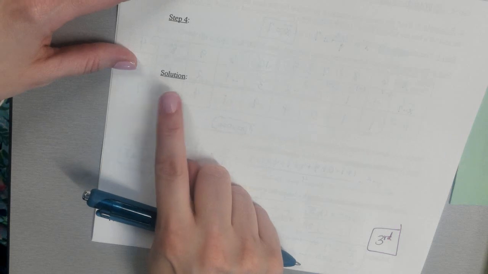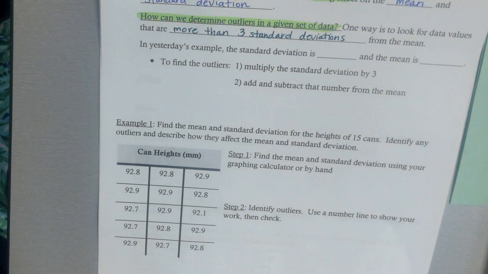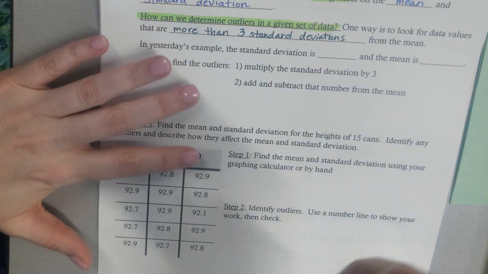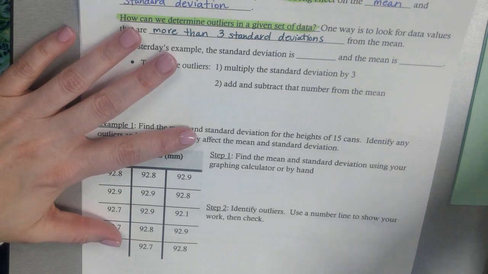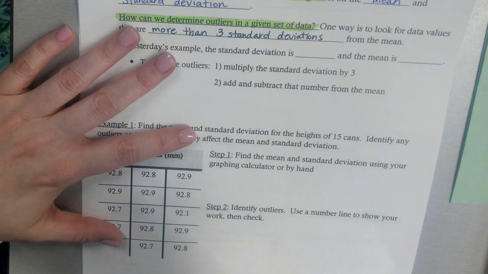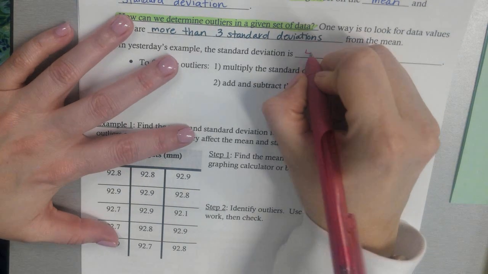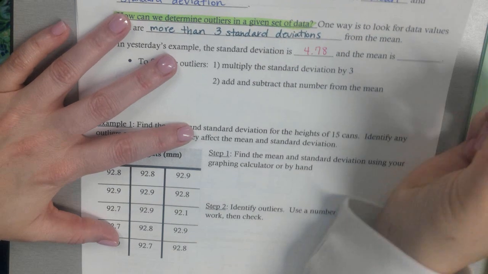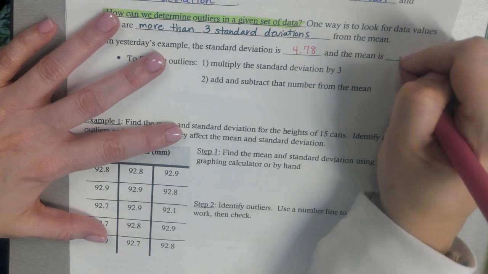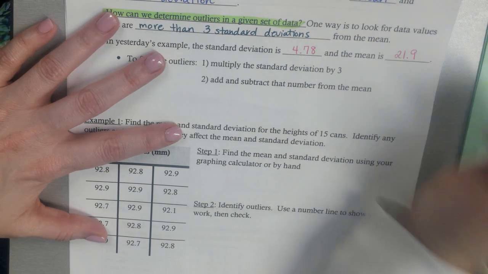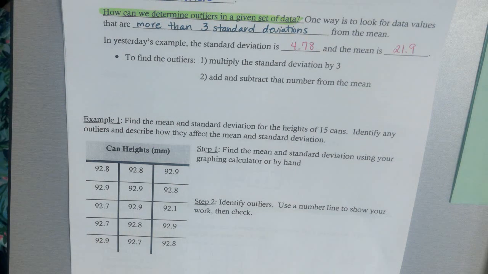Can you guys flip over and look at that? So what was our standard deviation there? What did you guys get for your standard deviation? Yeah, 4.78. Okay, and the mean was that 21.9 that I just showed you.